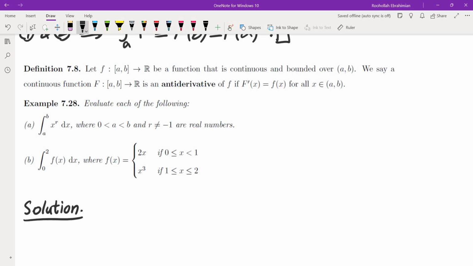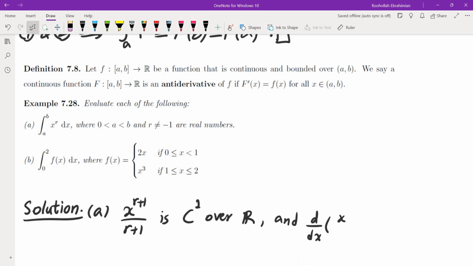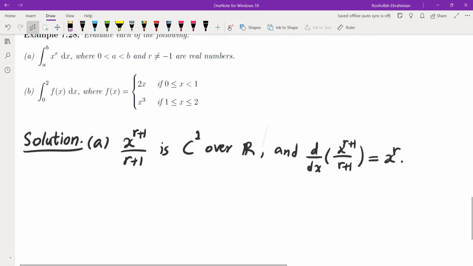We are going to use the fundamental theorem that we just proved, the first fundamental theorem, to evaluate these integrals. So the first one, if you look at x to the r, we know an antiderivative of that. x to the power of r plus 1 over r plus 1 is differentiable, in fact continuously differentiable, C1 over the entire real line, and its derivative is just x to the r.